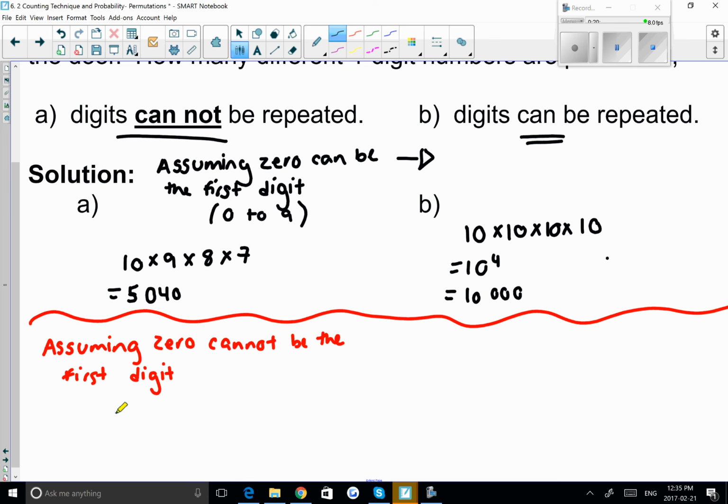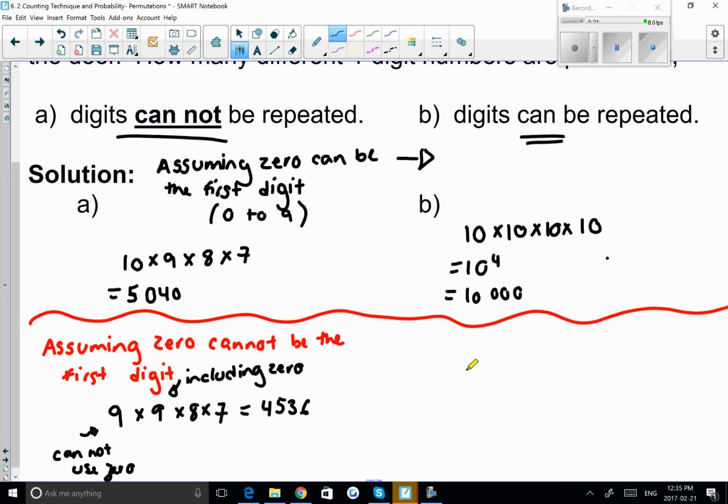Then you would have 9 to choose from the first time, because I cannot use 0. The second time, I've used a number, so I have one less, but now I'm including 0. And then I'm going down to 8 times 7, and that would be 4,536.